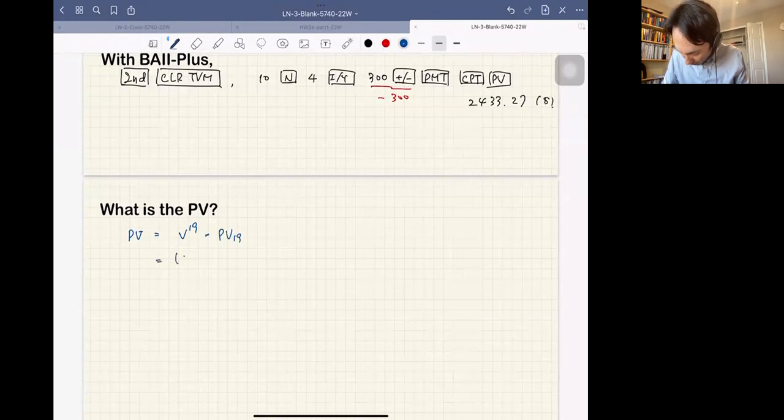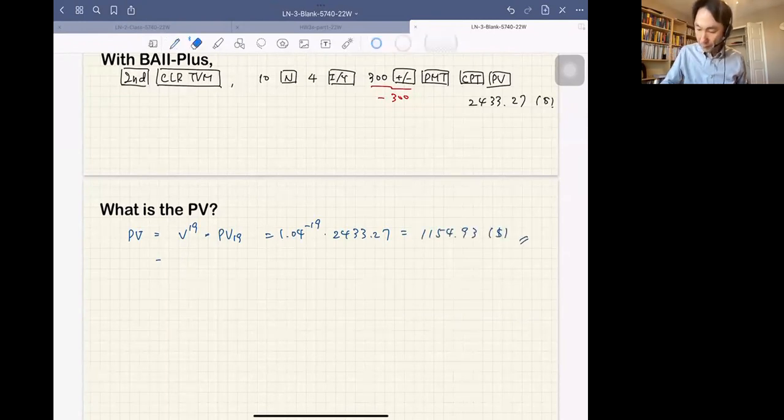So 1.04 to the power negative 19 times 2433.27. This becomes 1154.93. So this is the present value.